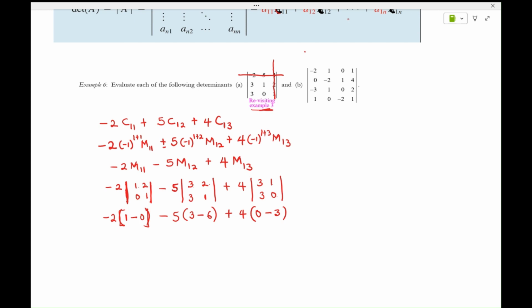So what do we have here? Minus 2 times 1, which is minus 2. Minus 5 times minus 3. Then plus 4 times minus 3. Okay, so let's see what this will be.